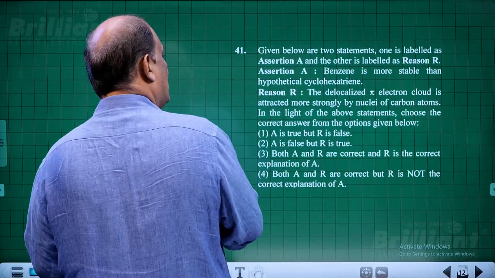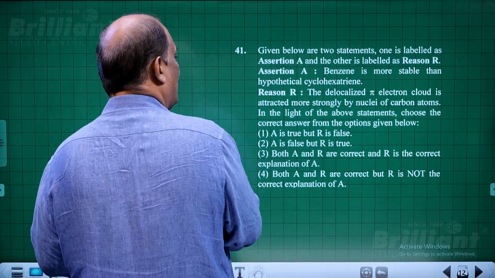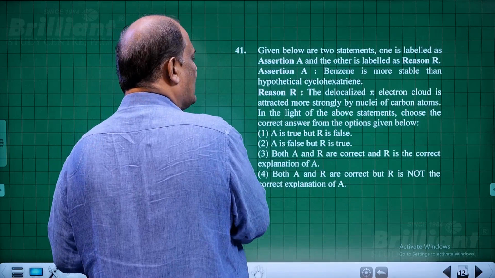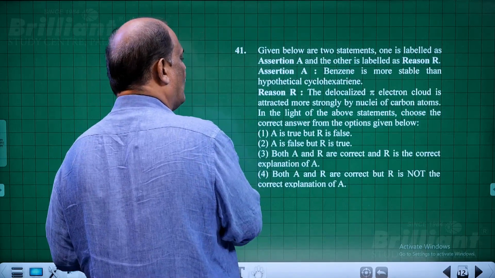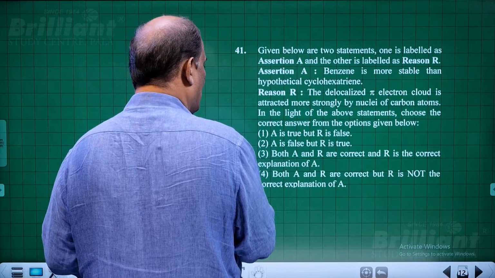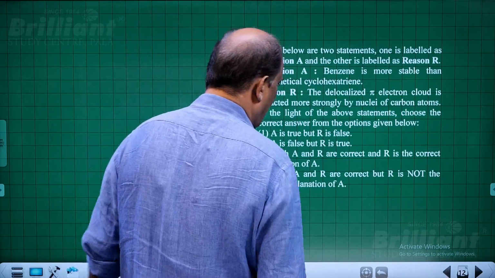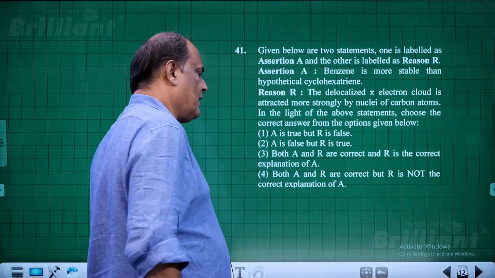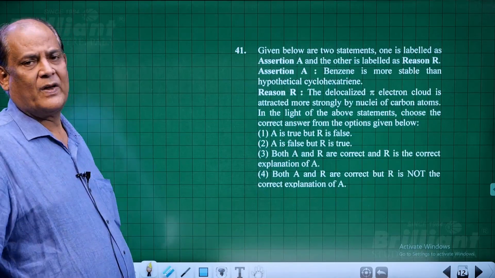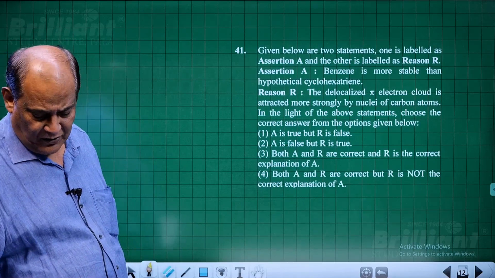Benzene is more stable than hypothetical cyclohexatriene. That's correct. The delocalized pi electron cloud is attracted more strongly by nuclei of carbon atoms. In the light of the above statements, choose the correct answer from the options given below. A is true, R is false. Whenever you take this into consideration, generally cyclohexatriene will not be there. It is not hypothetical, because here the pi electrons are going to be delocalized. So benzene is more stable than hypothetical cyclohexatriene. This is correct.